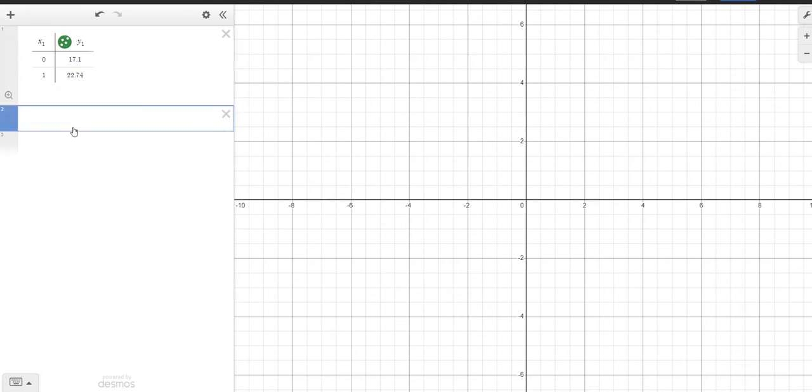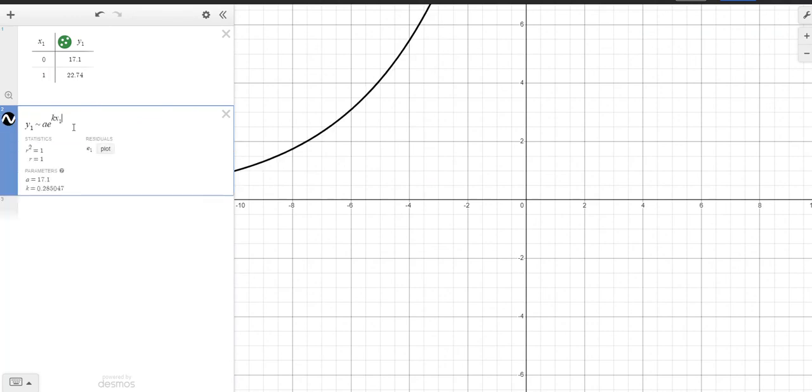And let's get the E form this time. A e to the k x. You see the A is still 17.1, and you see the K value there, 0.285 rather.